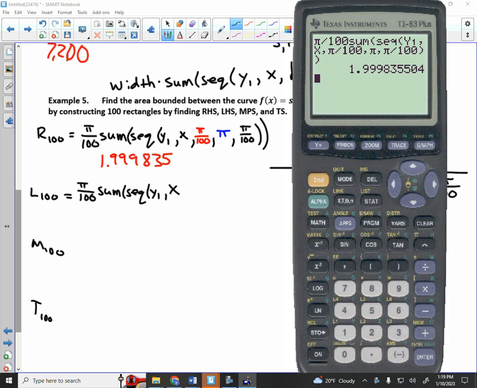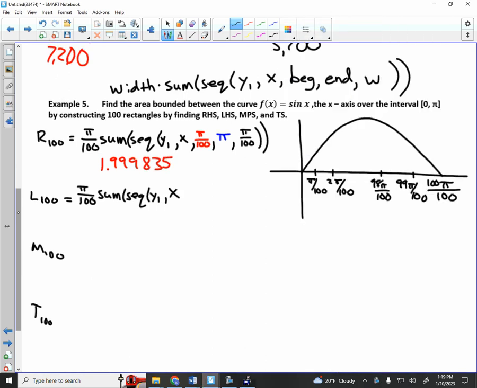X. When we do the left hand, where will we start? 0. Where will we end? 99 pi over 100. And what is the width of each rectangle? It's still pi over 100. So notice all we have to change was our beginning and our end.